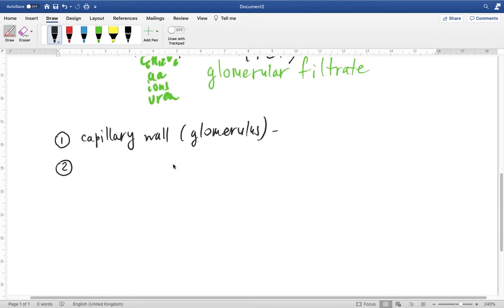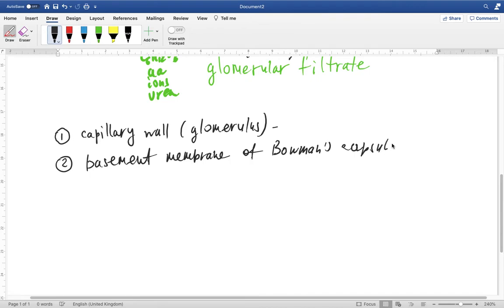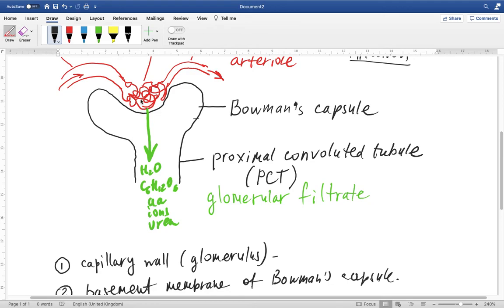So the second barrier of filtration, as we described and pointed out earlier, is that black line, essentially like a wall of Bowman's capsule. This is referred to as the basement membrane of Bowman's capsule. Okay. But there is a third barrier of filtration which I cannot draw on my diagram because it's pretty tricky to draw, and I'll show you why.